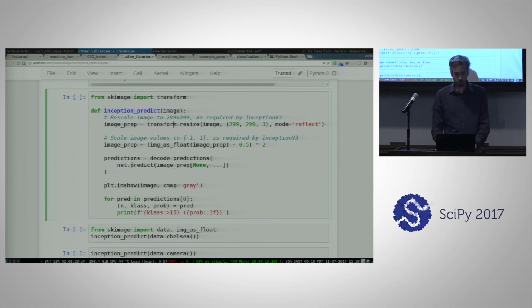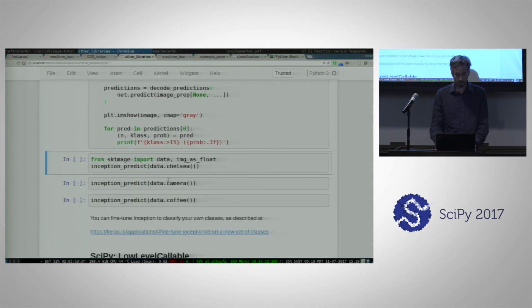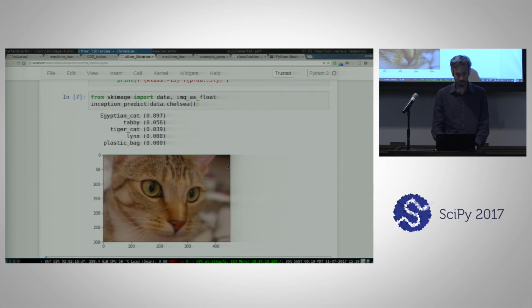So we ask the network to predict what it is that we see inside of our image, and to translate that into English labels for us. So let's see. I'm going to run the Inception prediction on Chelsea the cat. Let's see what comes out. Well, it says it's an Egyptian cat. That's probably true.